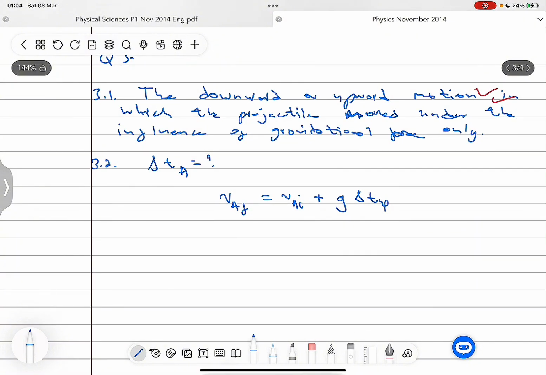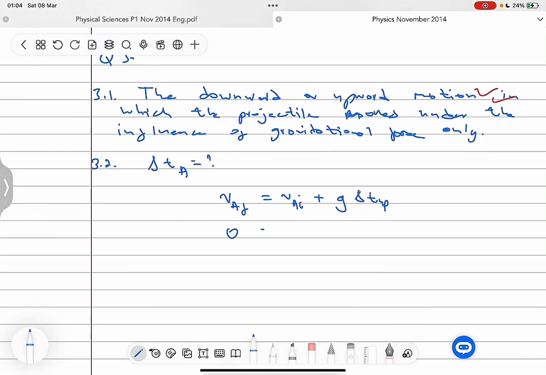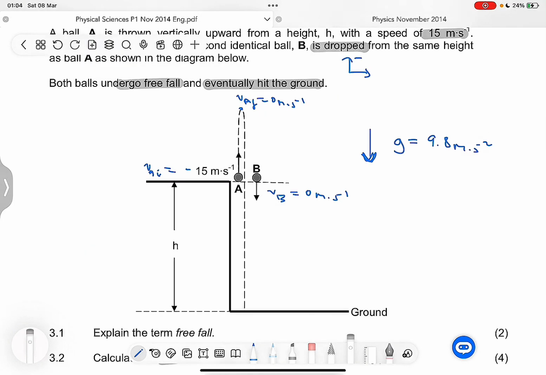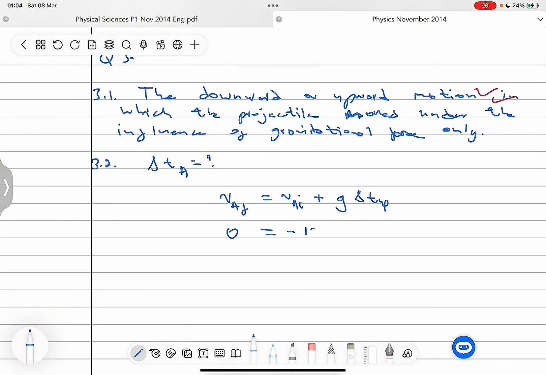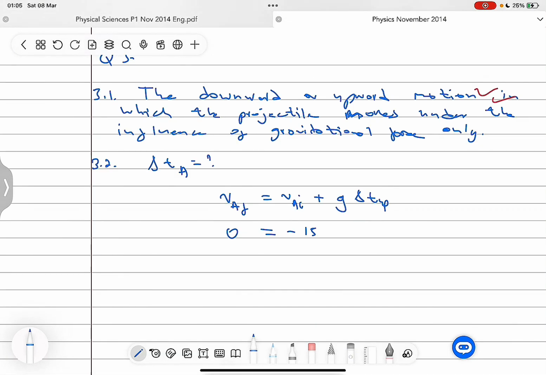Now we know that V final A at the maximum height is going to be 0, and V initial A is negative 15, because remember we said up is negative, so it goes up with negative 15 meters per second. But our acceleration due to gravity is a positive 9.8 times the time it takes to go up, because down is positive really.